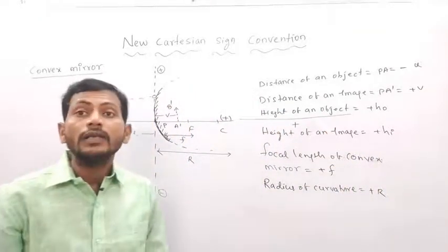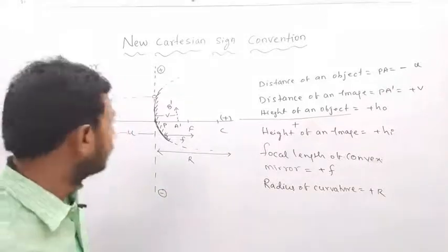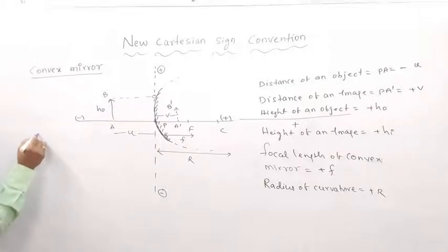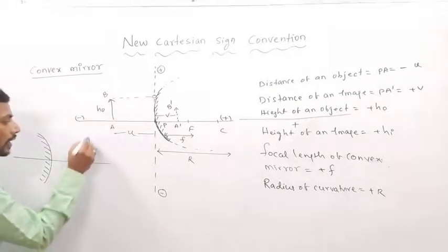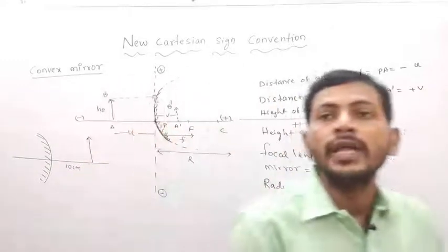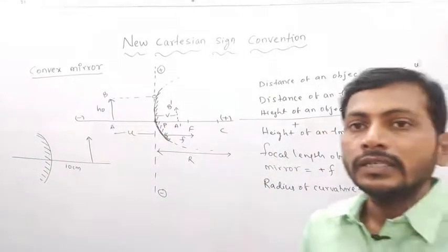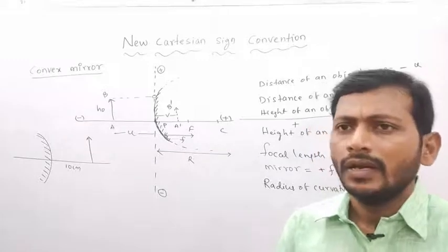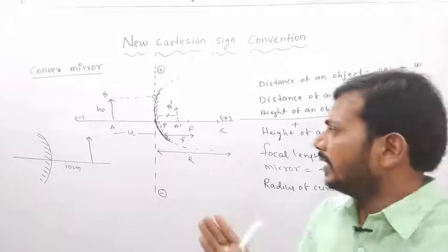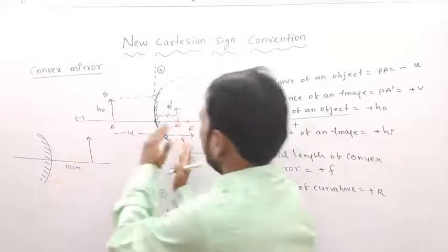But children, sometimes in our book numerical, the question is given like this. For example, this is the convex mirror given to you. Here the object is given on the right side, this distance is 10 centimeter. Then in this case, shall I take plus or minus? Nothing to worry about, children. Simply convert it according to our diagram.